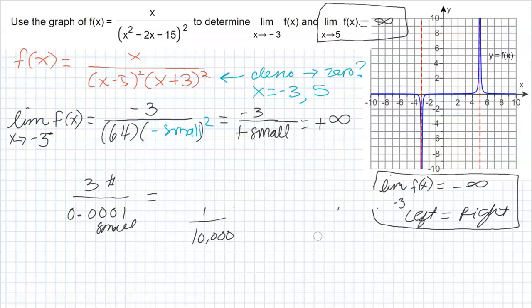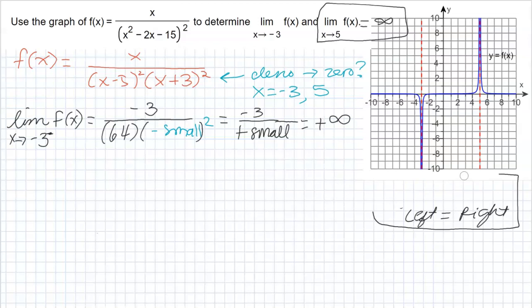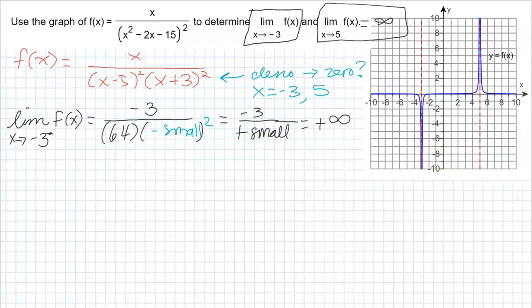Okay, now how do we know exactly that the limit as x goes to negative 3 is negative infinity? We also need to look at what happens to the function when x is approaching negative 3 from the right.